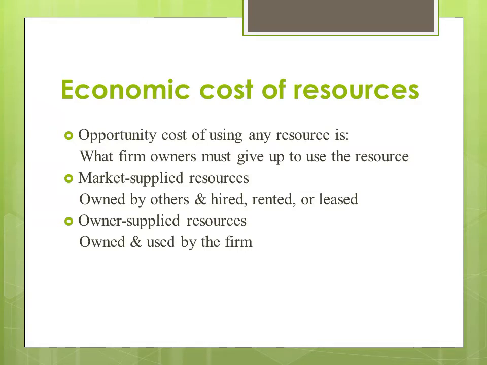Next is owner supplied resources, owned and used by the firm. Owner supplied resources are also called implicit cost. Implicit cost is on a car, on a home, on a factory; the owner does not charge the cost because he has his own land and his own factory. So this is called owner supplied resources.